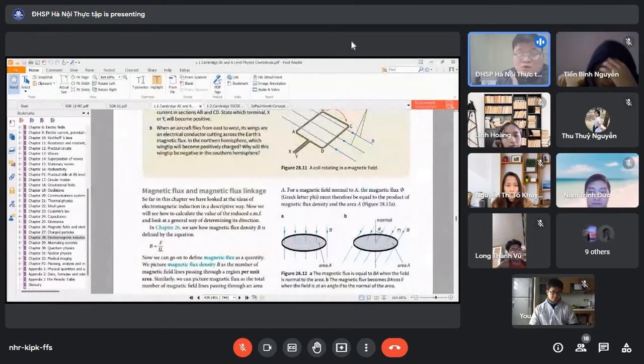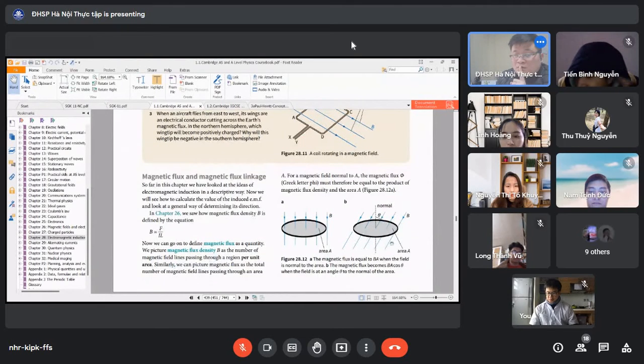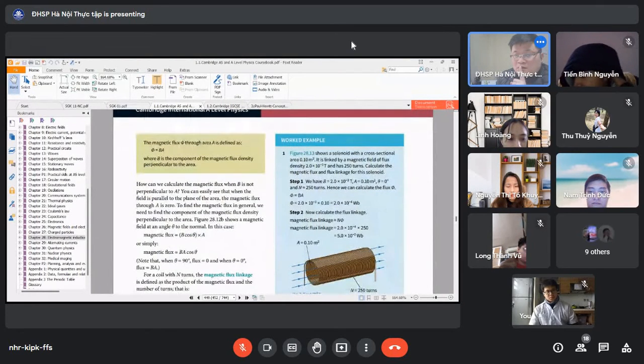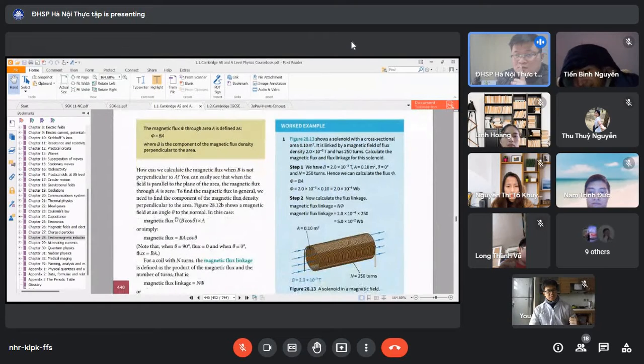And this is more or less like the Vietnamese textbook. The author tried to help teacher and student to deduce the formula for the magnetic flux, which is B cosine theta.